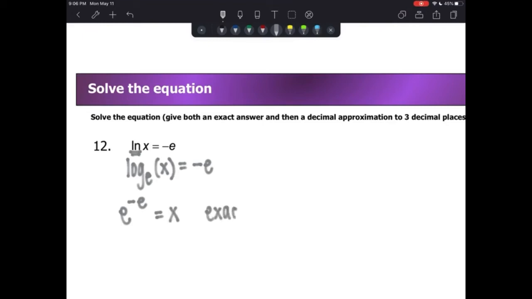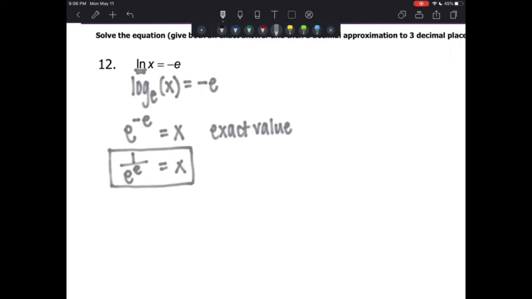This would be an exact value. There's a better exact value, making that exponent positive. So 1 over e to the e might be a better answer. It all depends on the textbook and how they're going to put that in there.